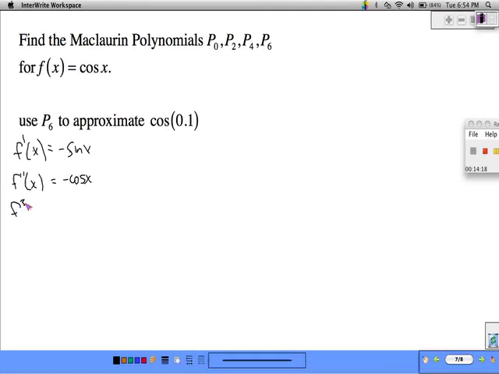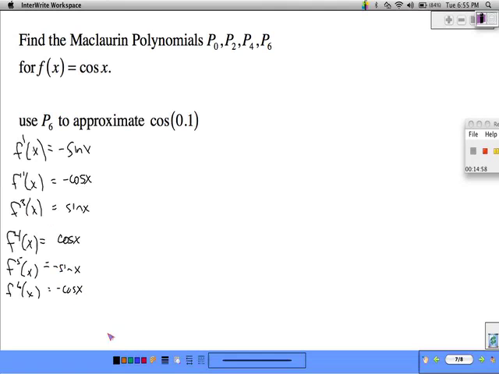Third derivative is sine x. Fourth derivative is cosine x. The fifth derivative is, I'm now repeating what's going on, so this is equal to negative sine x. And the sixth derivative would be negative cosine x.